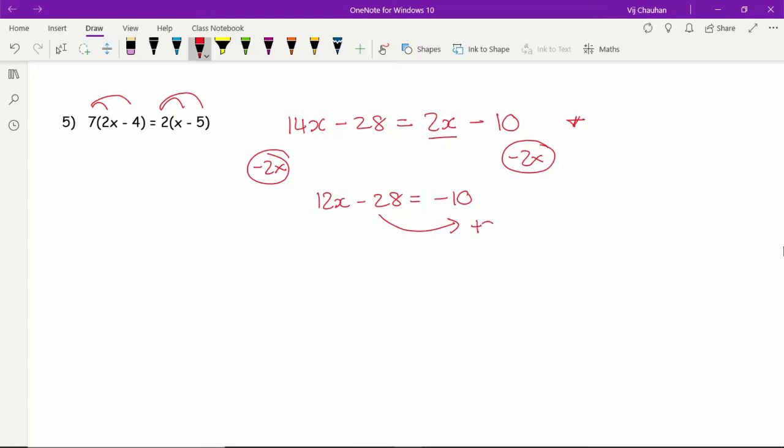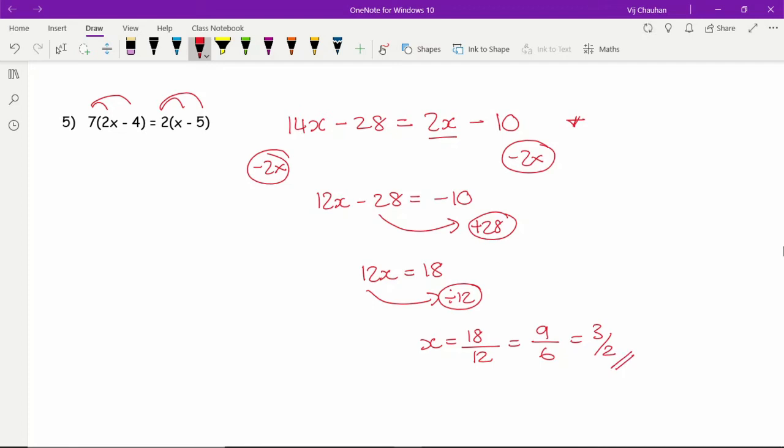So the opposite of minus 28 is to plus 28, so I end up with 12x equals 18. I'm then going to divide both sides by 12 to get rid of the multiplier of x. So I've got x equals 18 over 12, which simplifies to be 9 over 6, which simplifies further to be 3 over 2. So again, if you want to write your answer a little bit neater, there is your final answer.